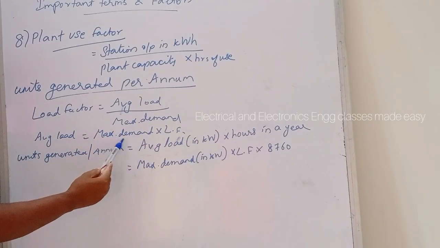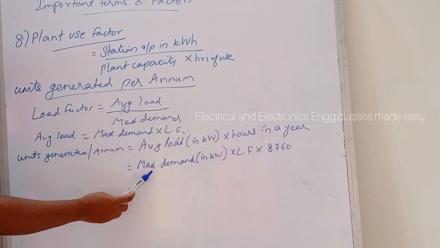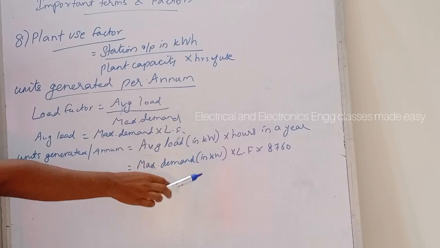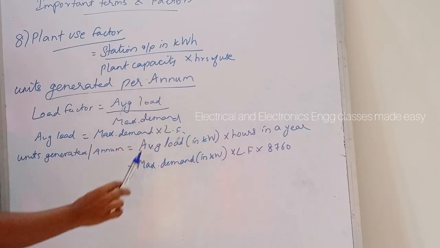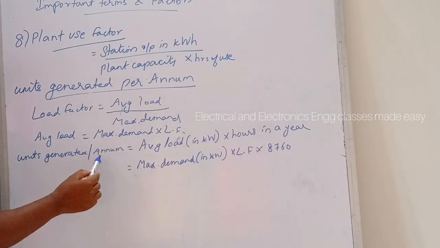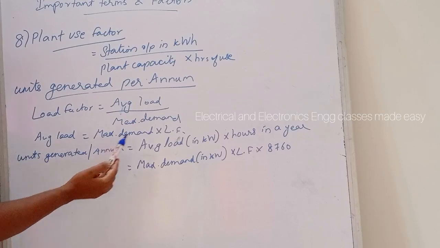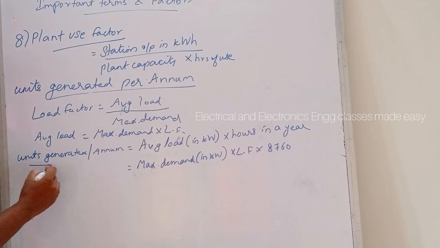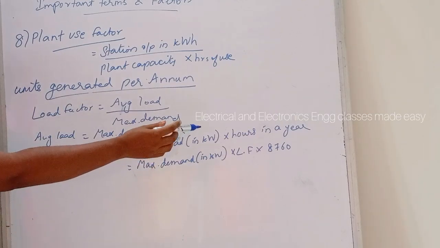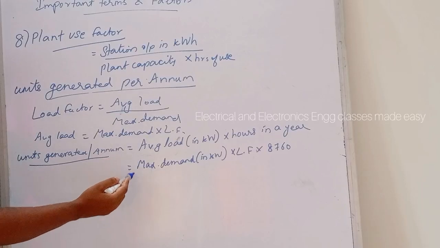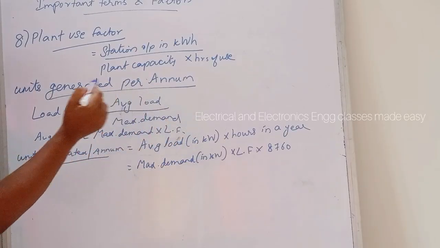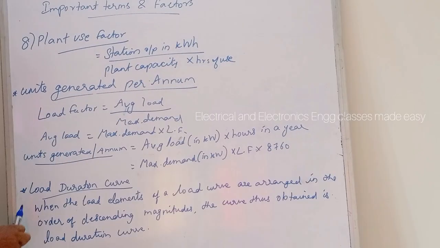So average load, we can write as maximum demand into load factor, into hours in a year, which is 8760. So this is the relationship between units generated and load factor and maximum demand. So units generated is equal to average load into hours in a year, or maximum demand into load factor into 8760.